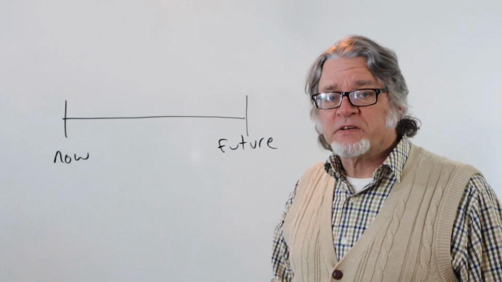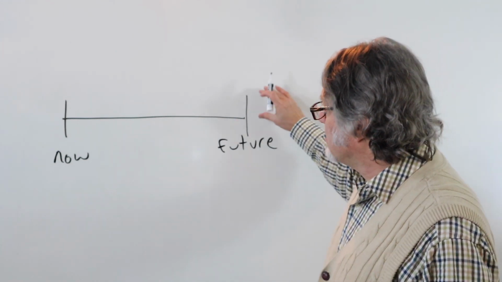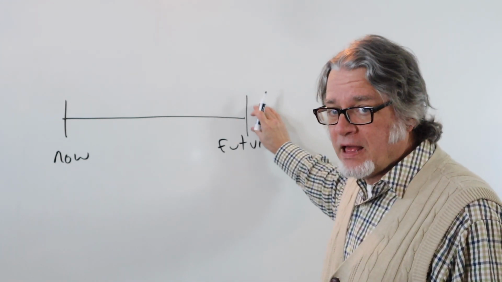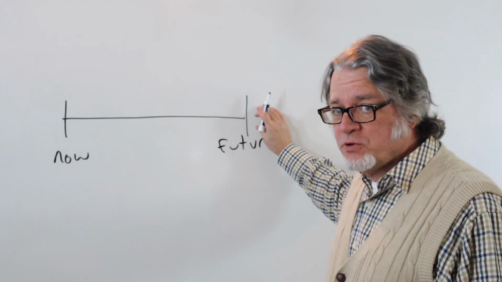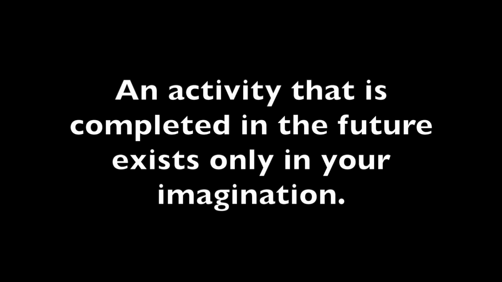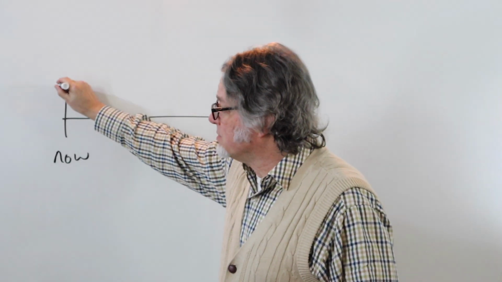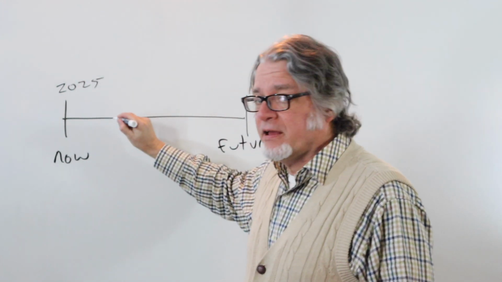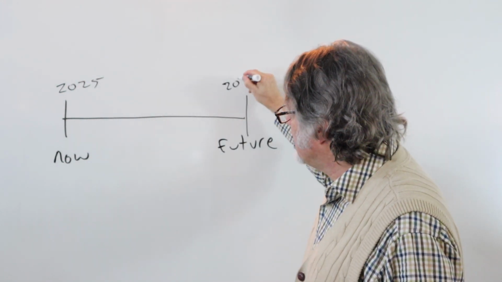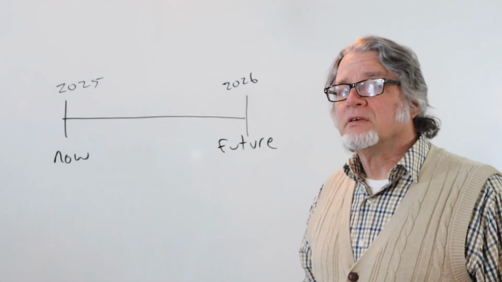This is now and this is the future. The future perfect tense is used to talk about some completion of an activity in the future. An activity that is completed in the future exists only in your imagination. This is 2025 and this is 2026.